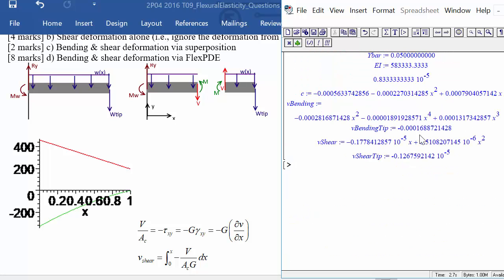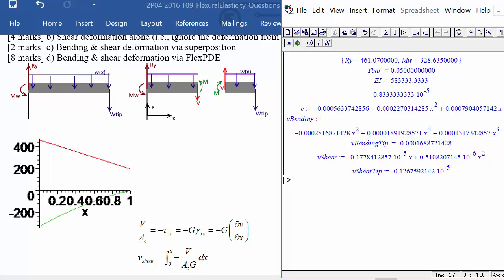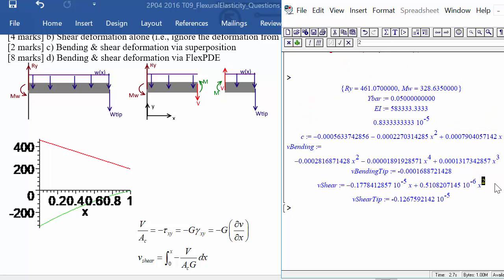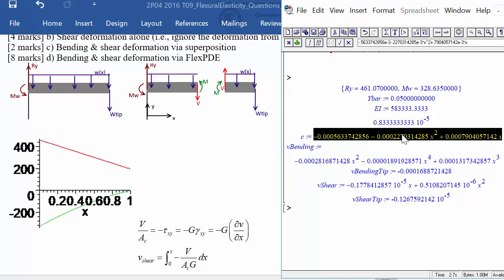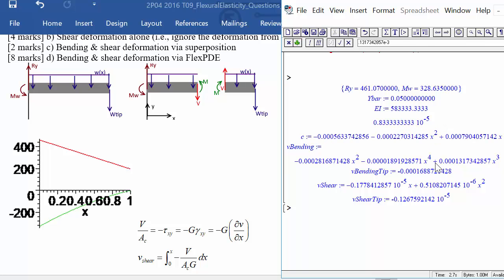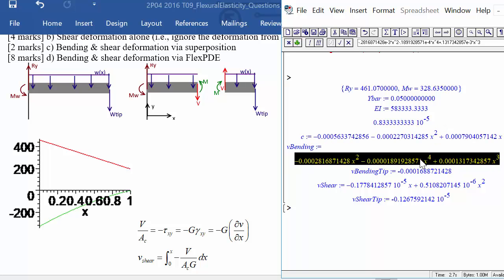So we find V shear at the tip is only 1.27 microns instead of 168 microns. So the shear force, if you look at how it's depending on x for this whole thing, the bending force seems like it's based on these constants that go like x to the 4 at the tip, and the shear force goes like x squared.